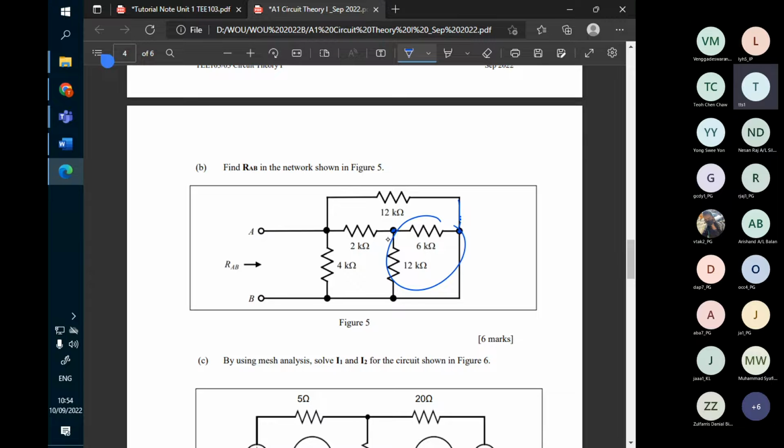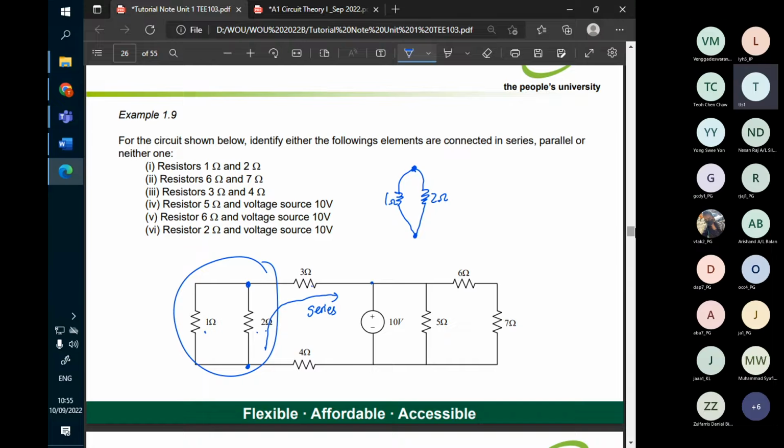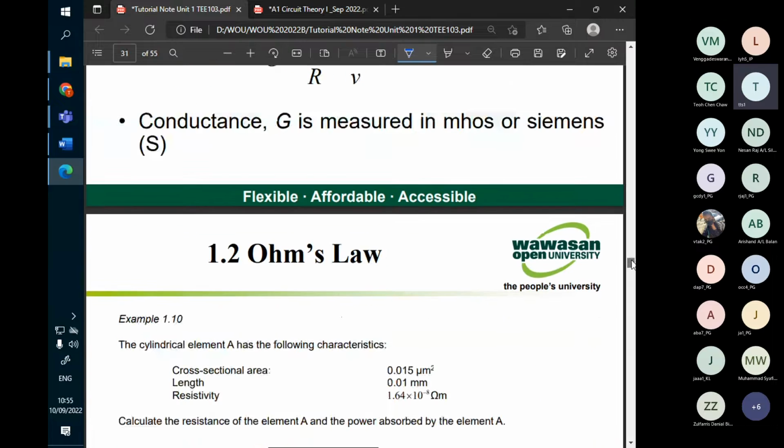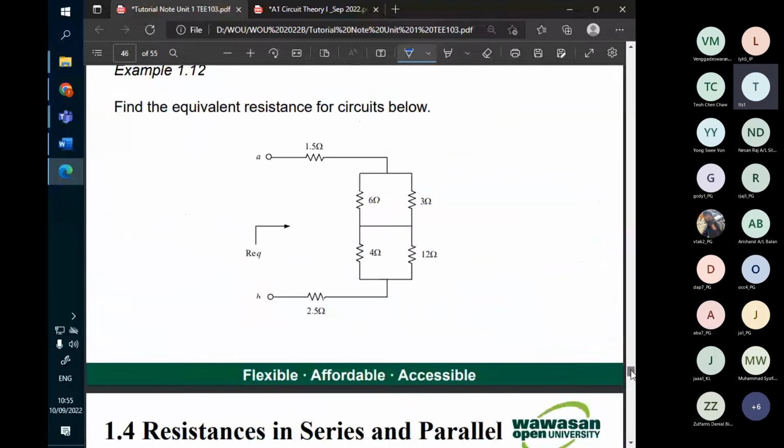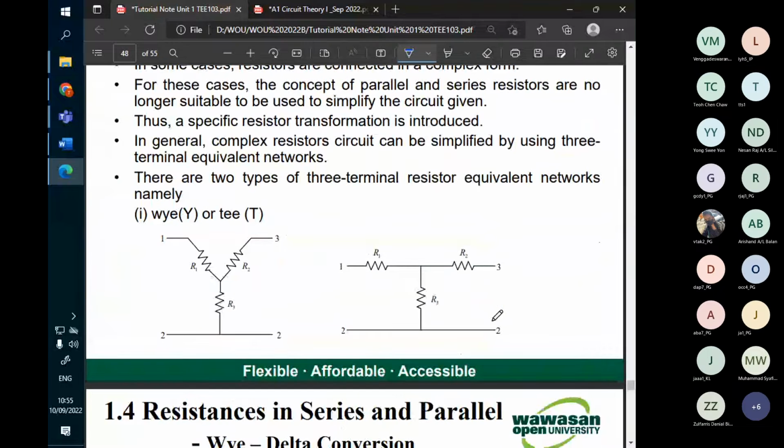So you cannot just go ahead and reduce these two into one, and these two, there's no way for you to reduce it because this configuration is a bit awkward. The only way to solve this question here is to jump into the last topic, where we have a very special arrangement right here.